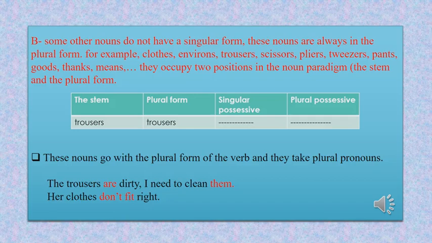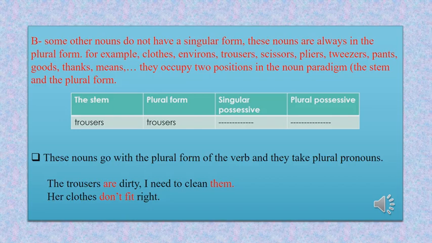I did not say the trousers is dirty, because the trousers are always plural. So we say the trousers are dirty. I need to clean them. I do not say I need to clean it. I have to substitute this noun with a plural pronoun. I need to clean them.